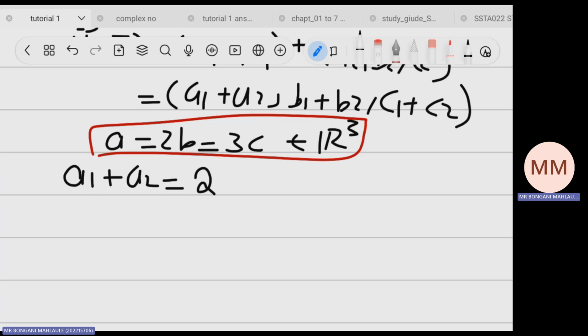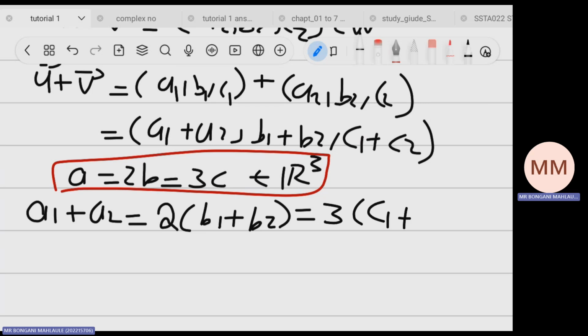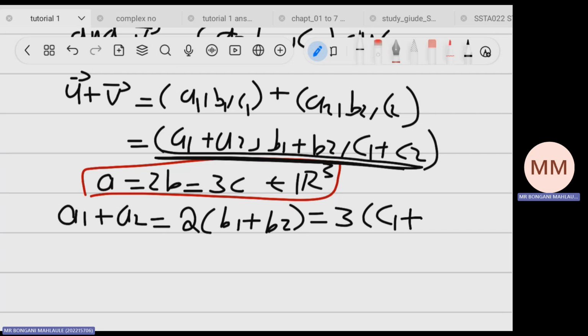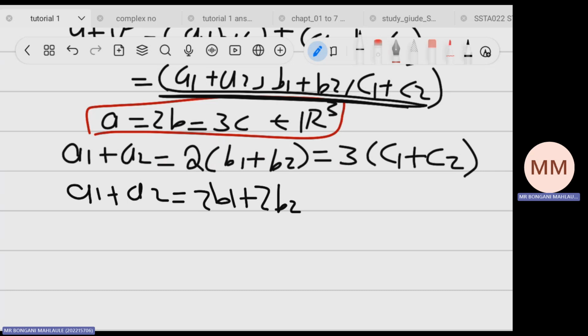So you'll multiply B with 2, and then you'll also multiply C. We're applying that condition here. So you will have this. Then you are now having A1 plus A2 is equal to 2B1 plus 2B2. And this is the same as 2(B1 plus B2).